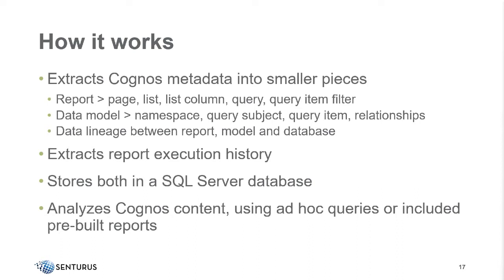And it pulls the report execution history. So it sort of marries the audit information along with all this metadata and pipes all that into a SQL Server database. And we provide a Power BI workbook that you can use that I'll show you in just a little bit. And we also have a set of Cognos content as well that basically reports on the metadata. And you can do ad hoc queries because, again, it's a SQL Server relational database.